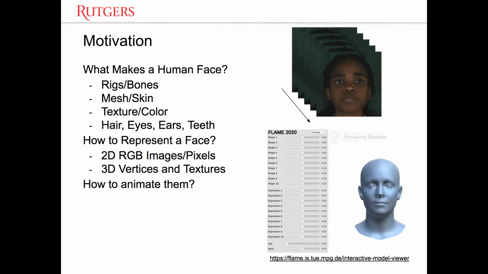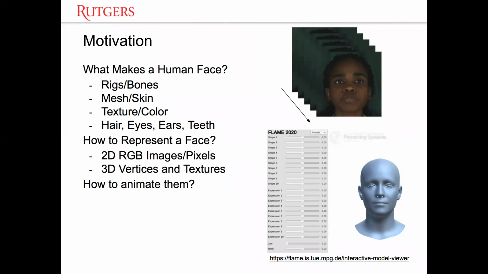Or you can build a virtual face in a virtual environment with 3D vertices, the meshes, and the meshes have color. We call it textures. So these are the two common representations of the face.